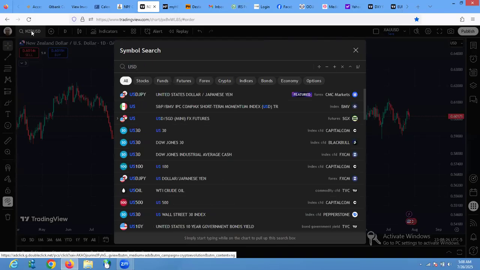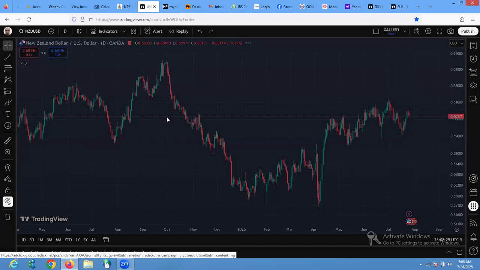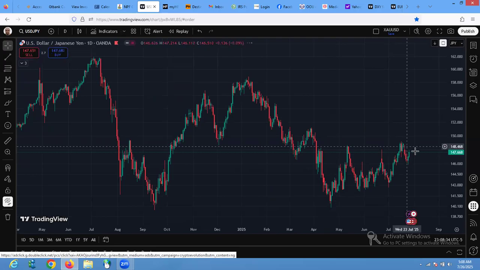USD JPY. Now, we have to be very careful. This may take the top. If it breaks the top again, then it will come to this area before it goes down. So we should be expecting a move if it breaks the top. Otherwise, they might just go down from here.